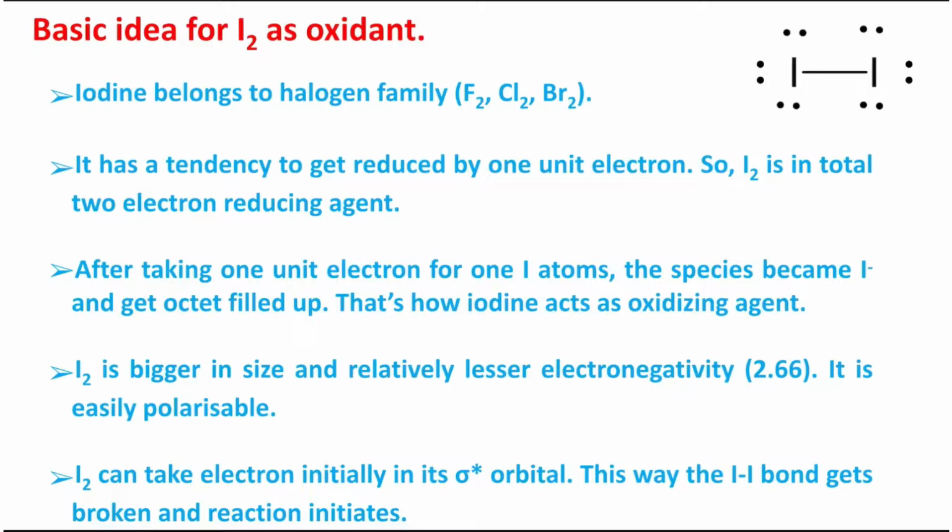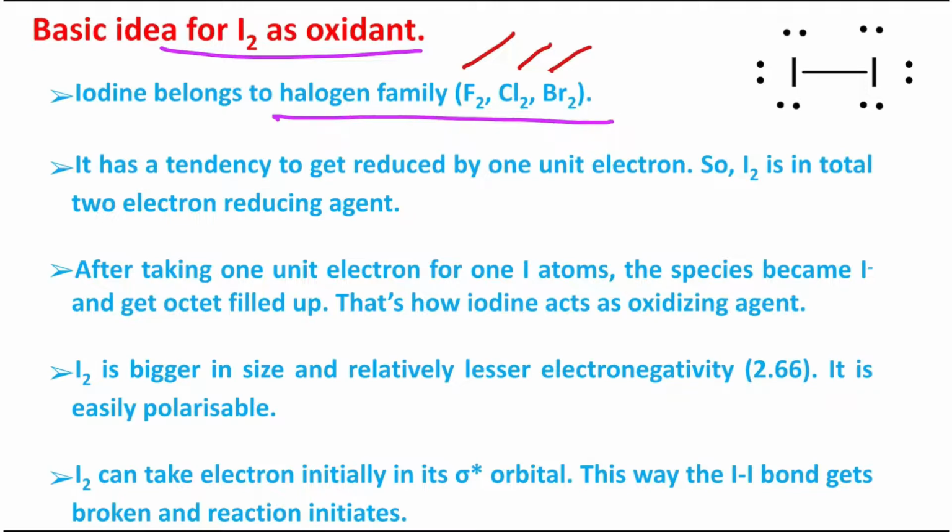Iodine as an oxidizing agent. So what is the basic idea for iodine as oxidant? Iodine belongs to the halogen family, like fluorine, chlorine, bromine, iodine, although it is at the bottom compared to fluorine, because first is fluorine, second chlorine, third bromine, and fourth is iodine.